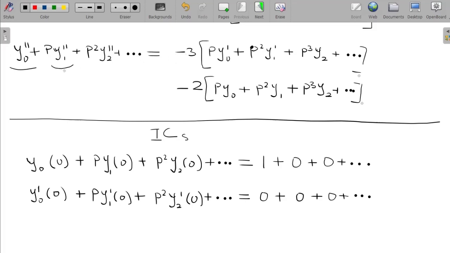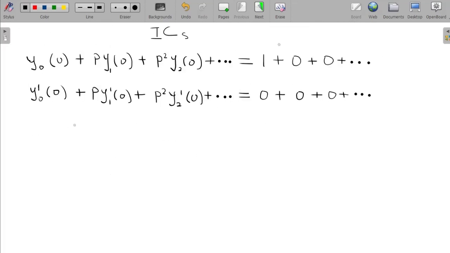Then y1' goes with y0, p squared, which is y2, has y1' here, likewise this goes with y1', and this goes with y2', continuously like that. That's how we are going to equate the powers of p.